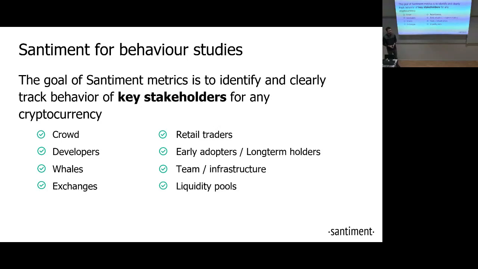So the great thing about cryptocurrencies is that we now have a wealth and breadth of new, alternative data sources with which we can figure out what's going on with any particular network. We can gauge the health of a cryptocurrency project from a variety of different perspectives that weren't really available in traditional finance.